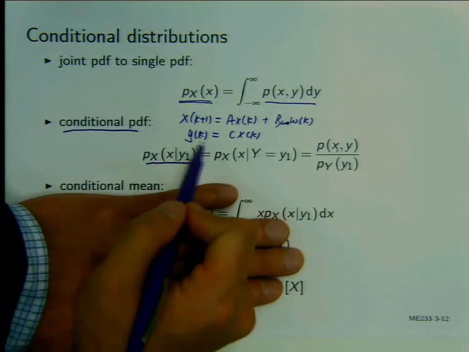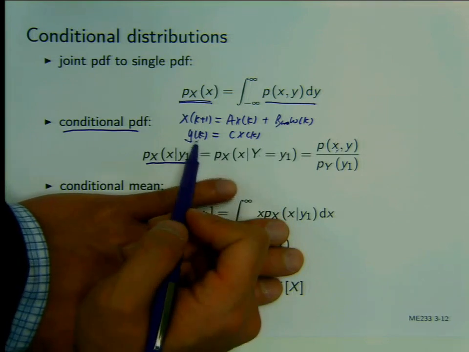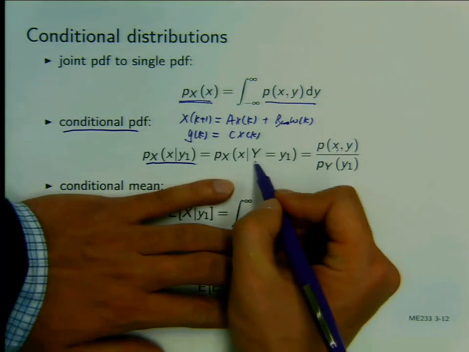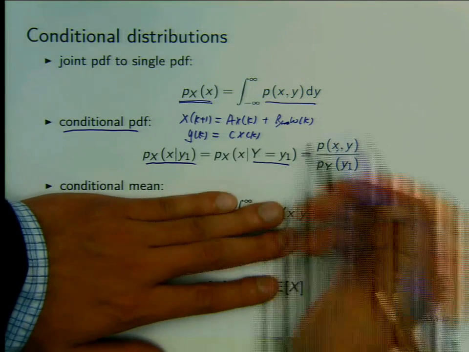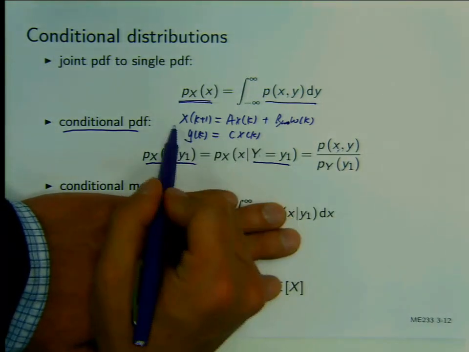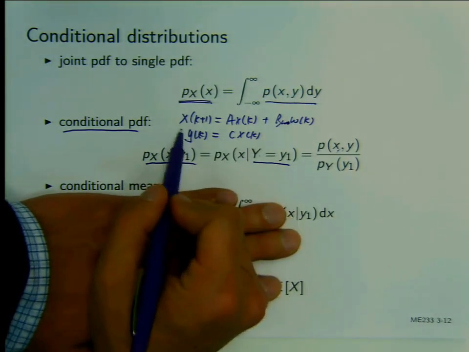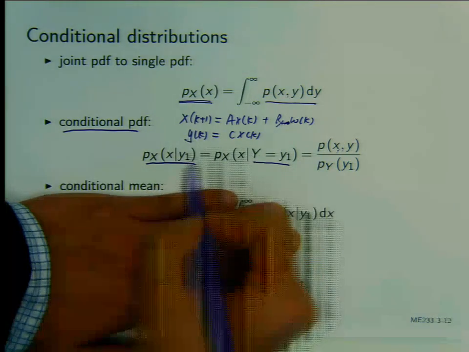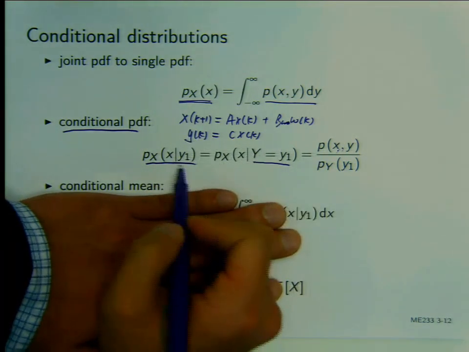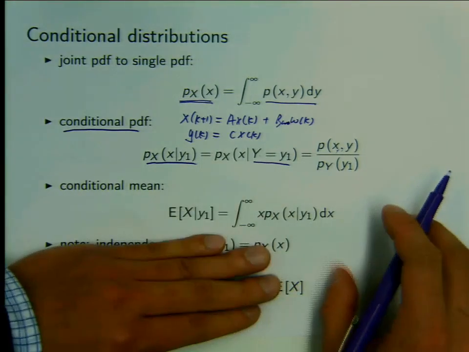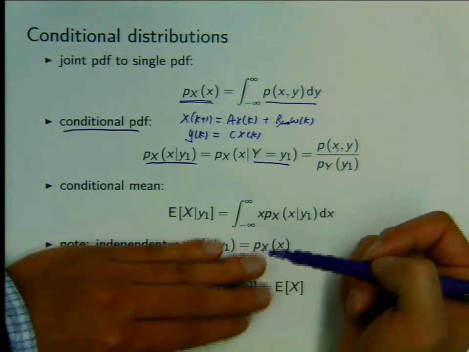We can only measure y. We cannot measure x. So if I give you one measurement of y, then we can infer the statistical properties of x, right? So this is why this is useful. And as a matter of fact, this is going to be extremely important for a state estimation series.